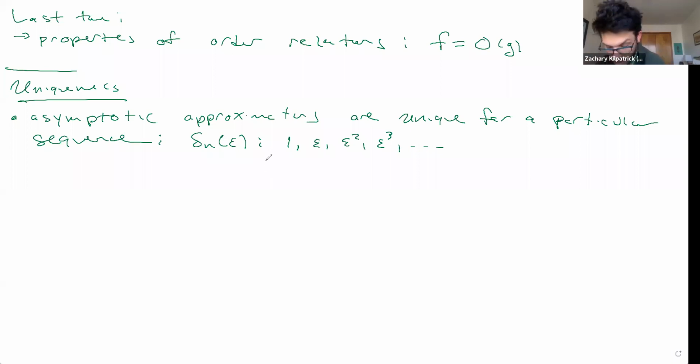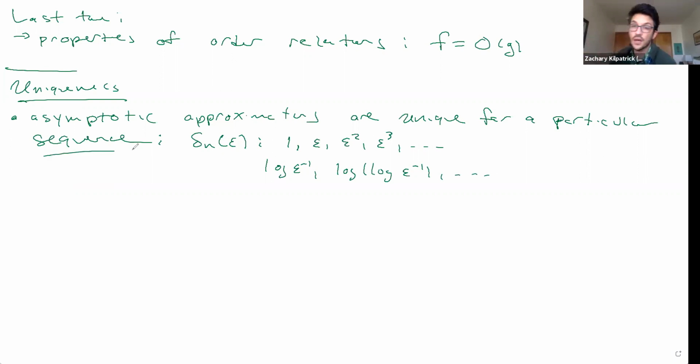It may be something like log of epsilon to the minus 1, as we've seen before with transcendental equations. So the point is that for a particular sequence, the coefficients should be the same. You can't create a different asymptotic approximation using the same sequence but changing the coefficients.